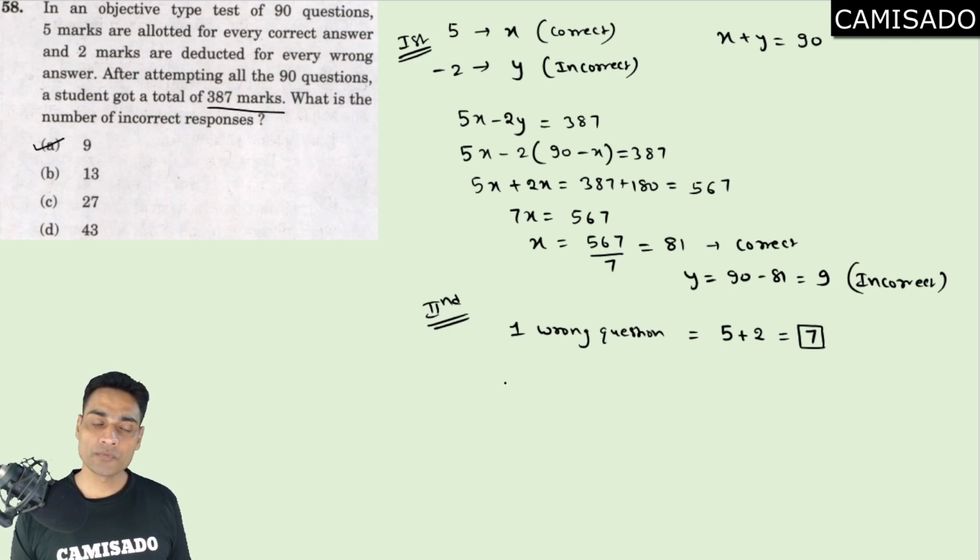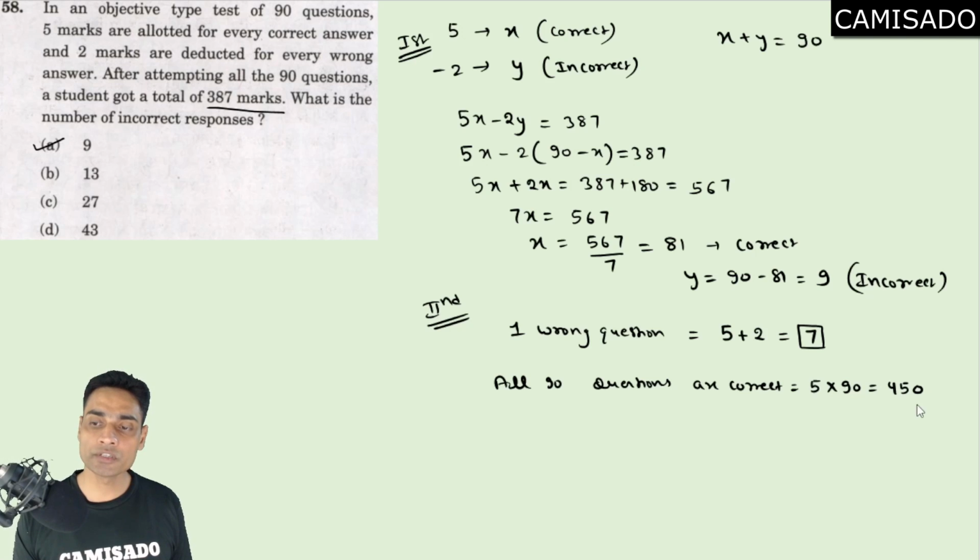Fine. Now if all the 90 questions are correct, it means how many marks would the student have got? 5 marks for every question. So 450 marks he may have got if he had made all the questions correct. Now the score which he obtained is 387.